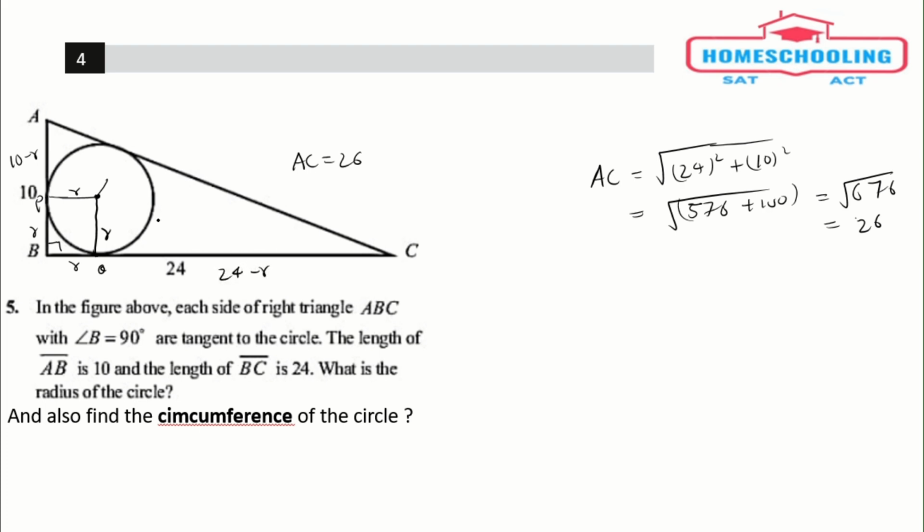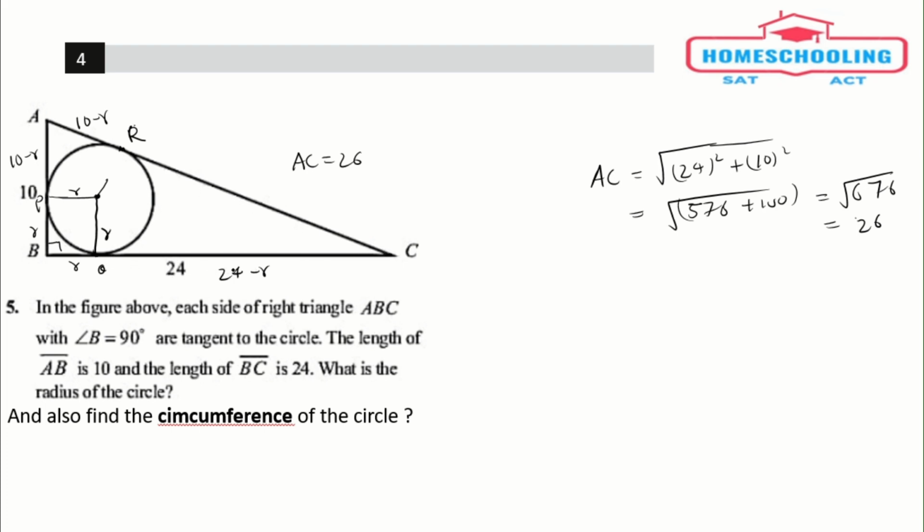Now we have read a property that if there is an external point outside a circle, then the lengths of both tangents are equal. Let's say this point of intersection is capital R. If point A is outside the circle and these are two tangents, then both tangents would be equal, so AR is also going to be 10 minus r. Similarly, C is an external point, so these two tangents would be equal.